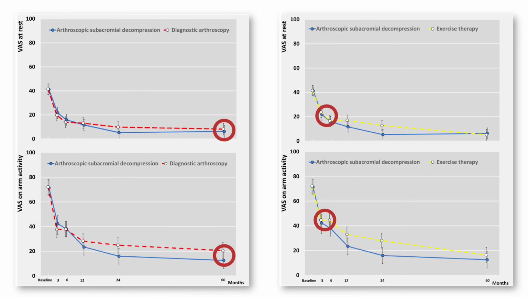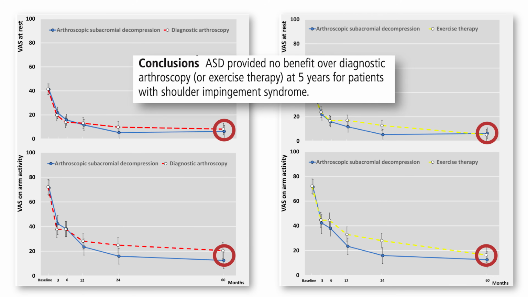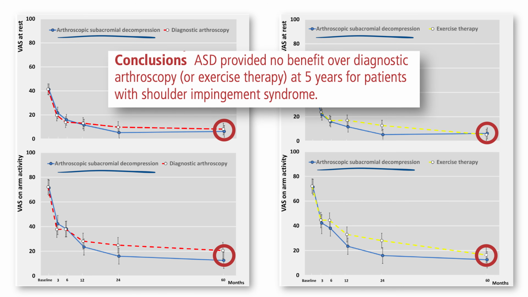They also included an exercise group for comparison. The authors concluded that subacromial decompression provided no benefit over diagnostic arthroscopy, placebo, or exercise therapy at 5 years for patients with shoulder impingement syndrome.